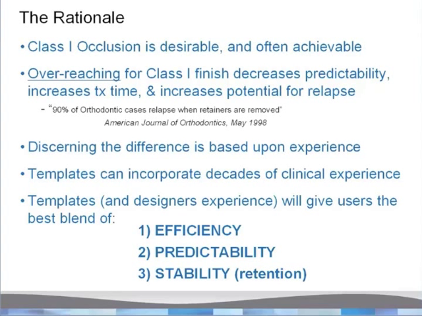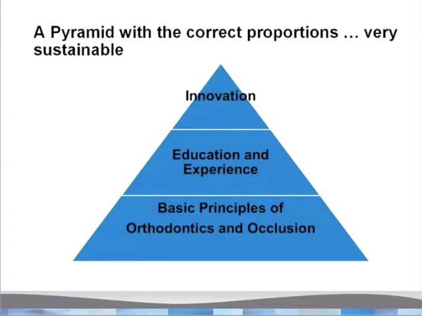And the beauty of these templates is they embody decades of experience from Dr. Brandt and myself, and it's going to give the users the best blend of efficiency, predictability, and stability, which will be retention. And Dr. Brandt has researched this for quite some time. I think he said he's been going back as much as 10 years working on this concept. So Dr. Brandt's going to speak to the fact that there's a rationale behind these templates.